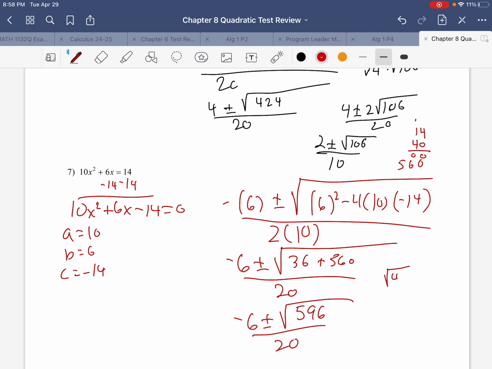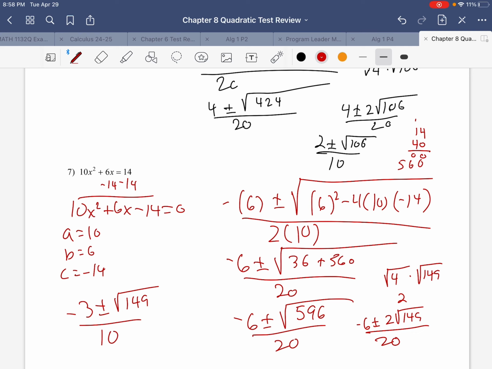Which again, I can write it like 4 times the square root of 149. This would be 2, so it's negative 6 plus or minus 2 square root 149 over 20. Which I can simplify as negative 3 plus or minus the square root of 149 over 10.